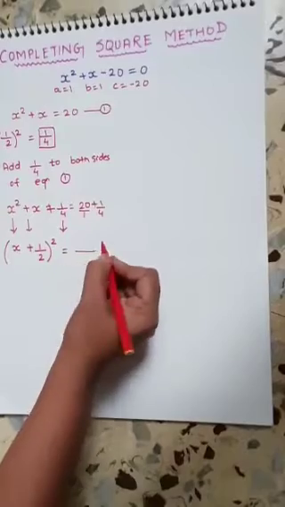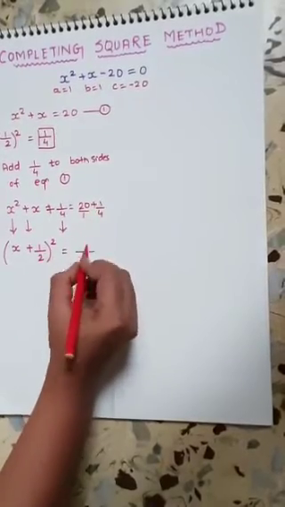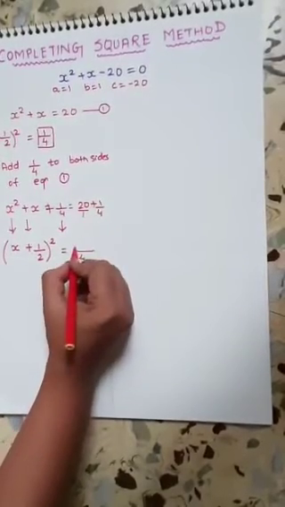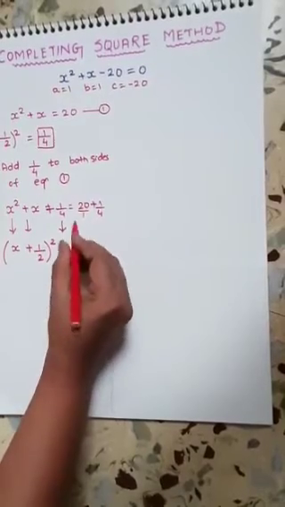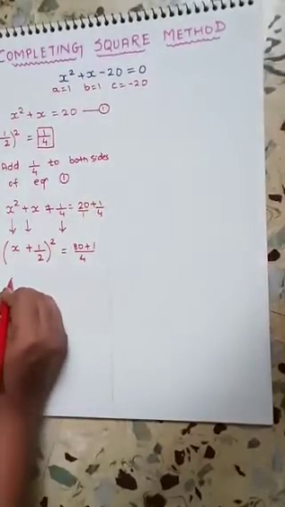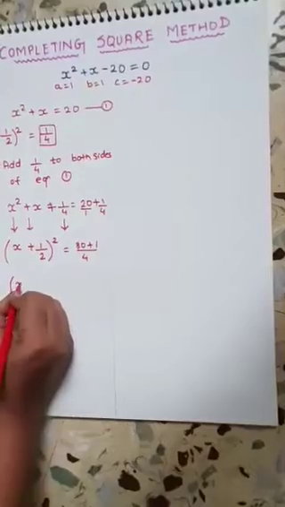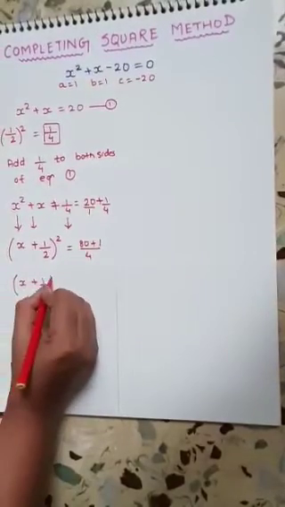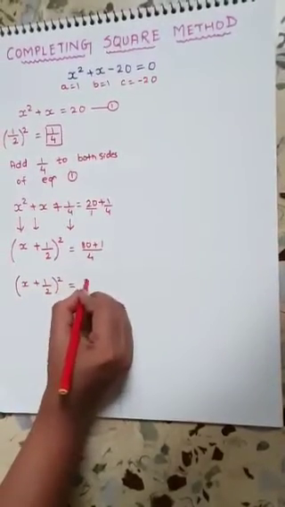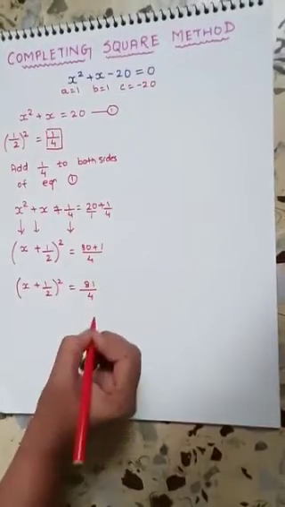Do it by the LCM method or cross multiplication. So I'll cross multiply: 20 into 4 is 80, plus 1, 1 into 1, giving 81 upon 4. Next step, let this be as it is: (x plus 1 upon 2) whole square is equal to 81 upon 4.